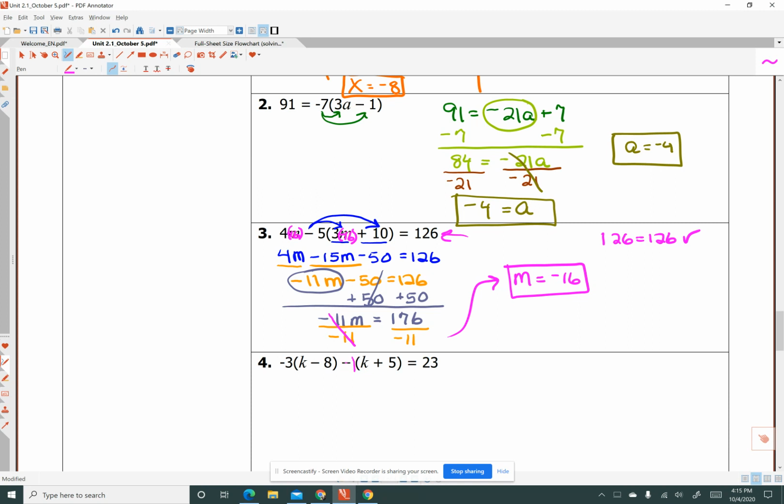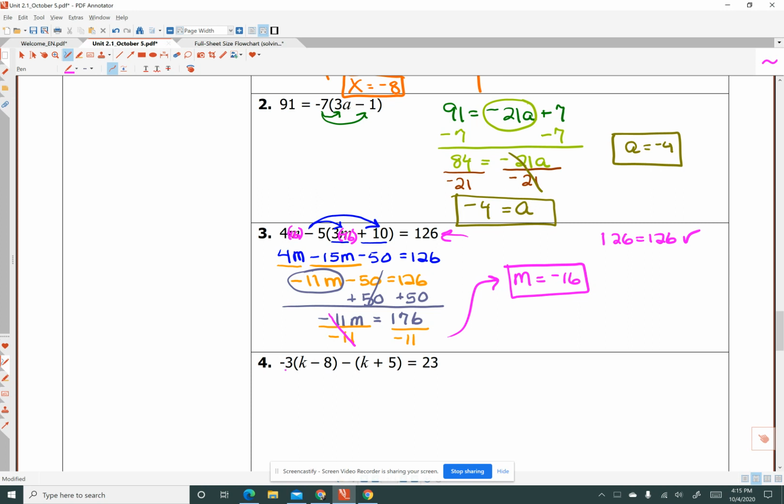The effect of distributing a negative sign through a quantity in parentheses is that it simply changes the sign within here. So we're going to end up over here with negative k, because this is a positive k with an invisible positive sign here. We'll end up with negative k minus 5.